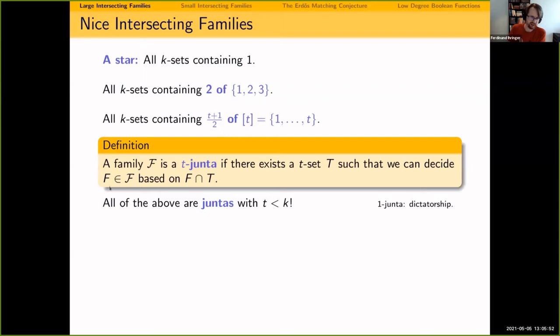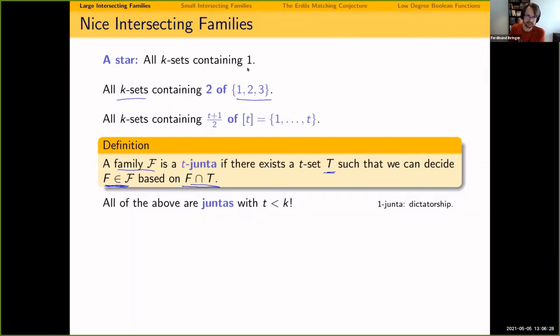A t-junta, for any family of k-sets, not just intersecting families, is a set T with t elements, such that we can decide whether a member is in the family or not just by looking at the intersection of this set with our set T. So here we can decide this by looking at the intersection of the k-set with 1, 2, 3.